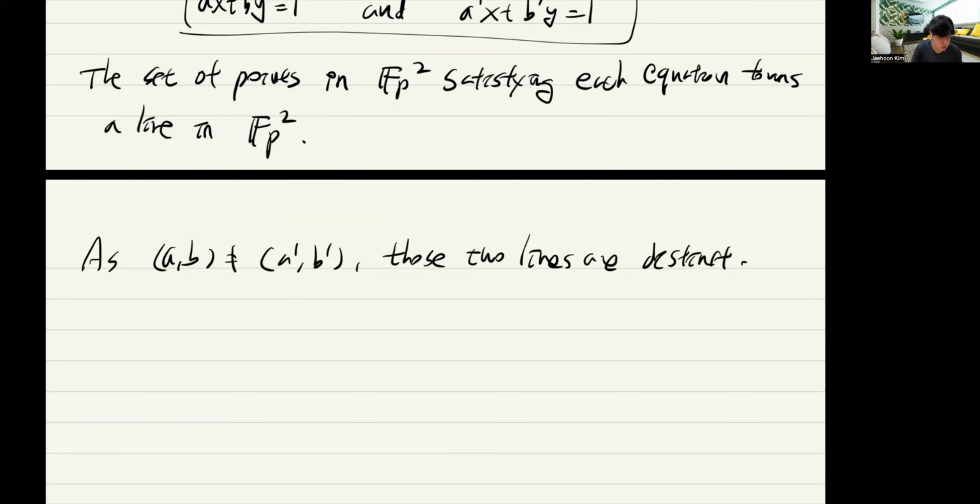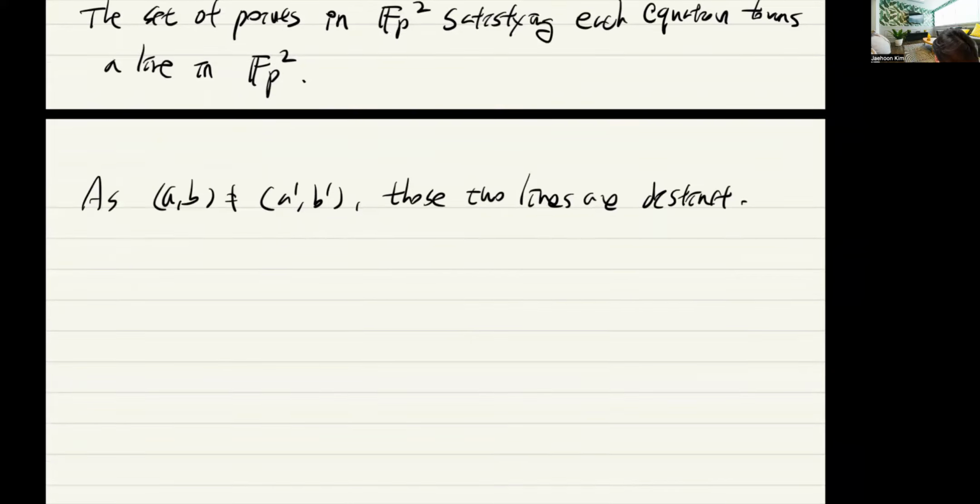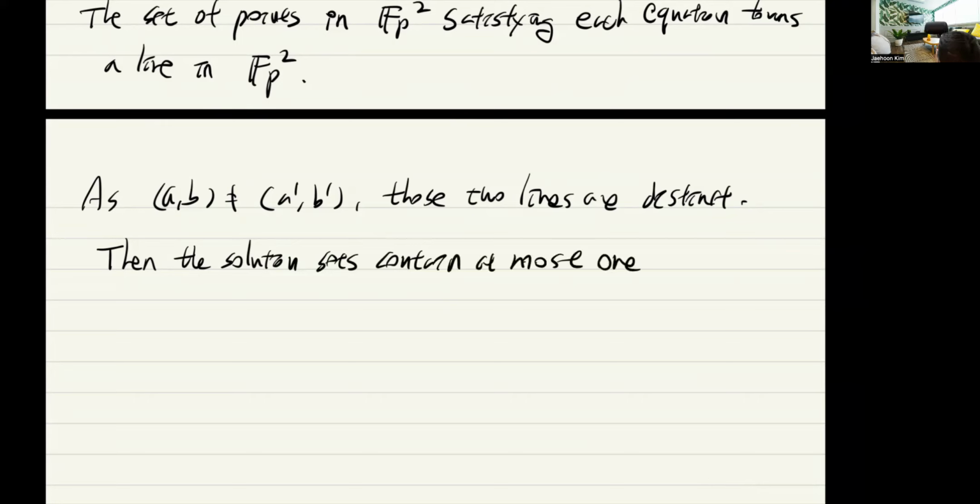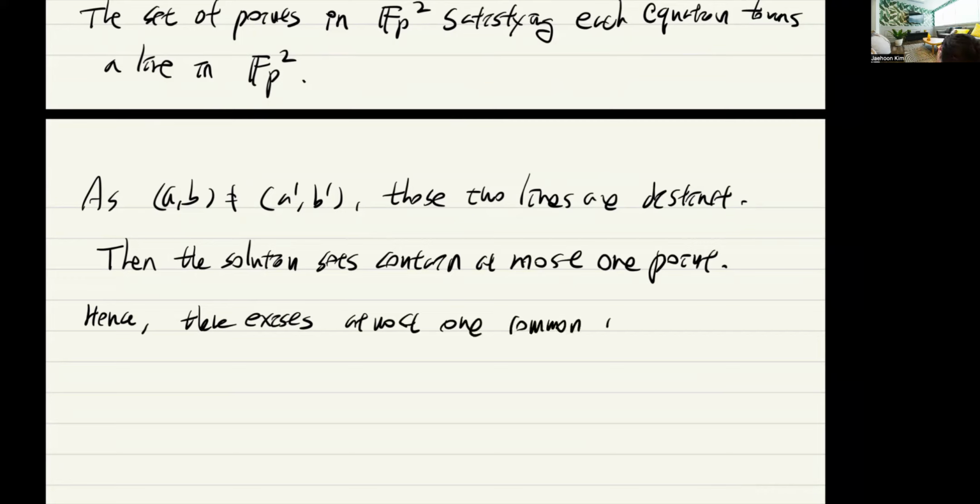And so what do you know? If you have two lines, the common point contains at most one point. Hence, there exists at most one common neighbor of (a, b) and (a', b').